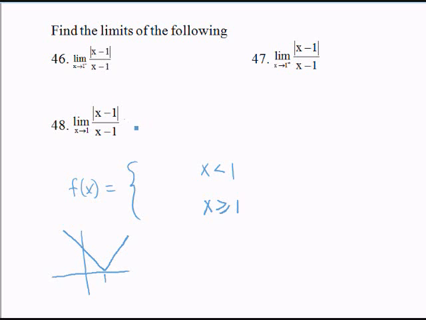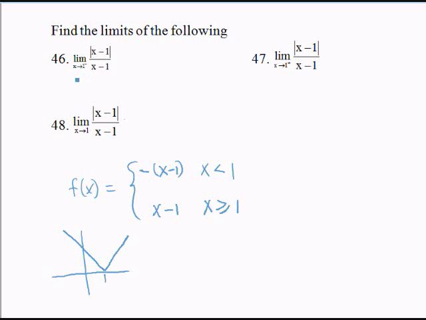This would be negative x minus 1, and this would just be the positive, which stays as x minus 1. You negate the negative side and leave the positive side alone. If you don't understand this, you want to view the video about absolute values. This is important because the AP exam loves absolute values, and you need to be able to write absolute values in piecewise form.